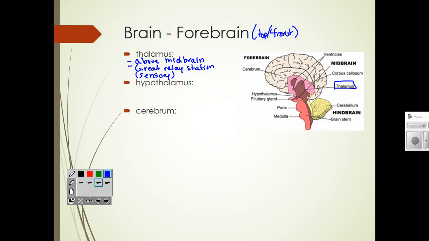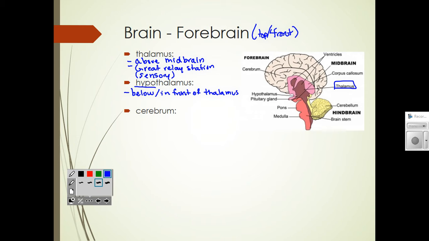Your hypothalamus, so hypo means less than, it's sort of below and in front of the thalamus. Now the hypothalamus, I always identify by what it's attached to.